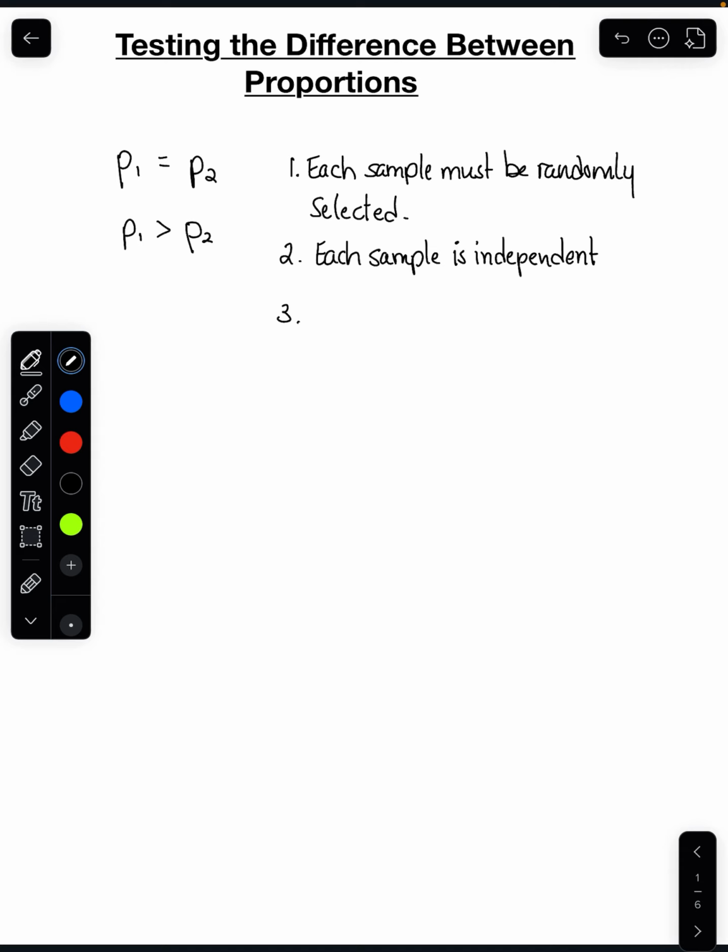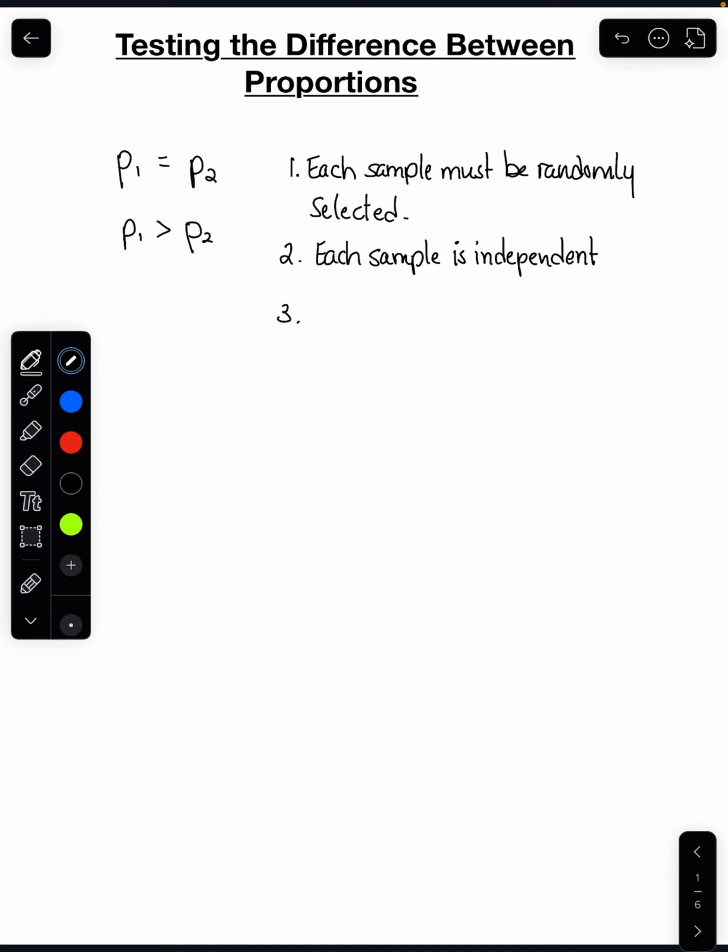Out of our sample, we will have a number of successes, a number of outcomes that match what we're looking for, and then a number of outcomes that do not match what we're looking for. The very nature of this is a binomial distribution. However, under certain circumstances, a normal distribution may be used as a very good approximation of a binomial distribution.